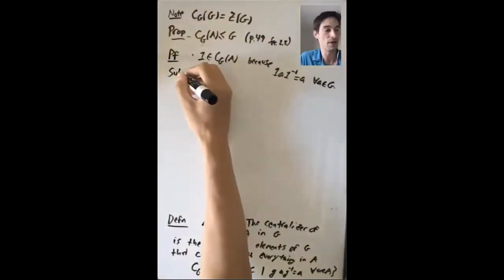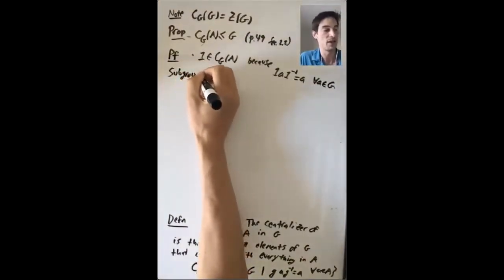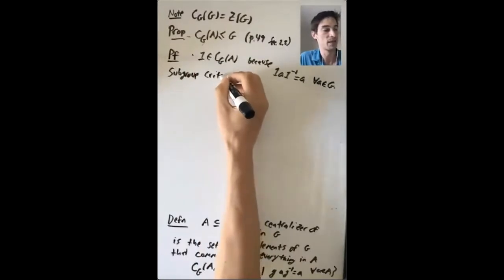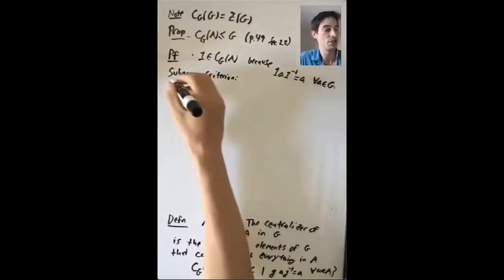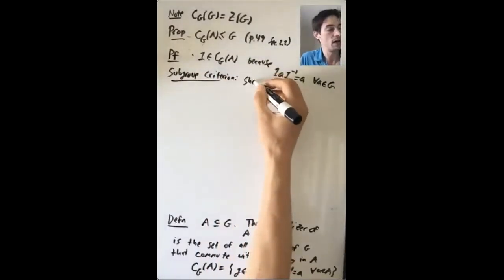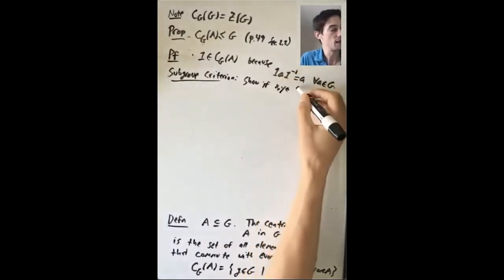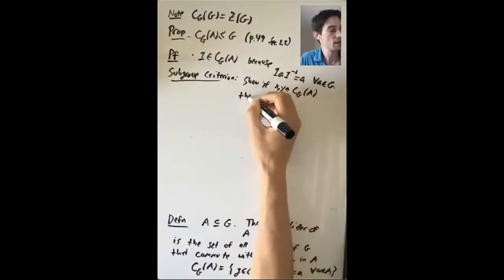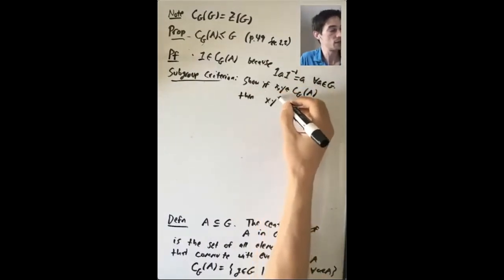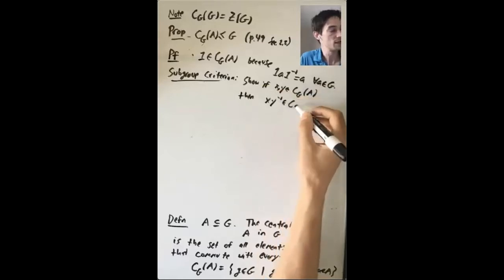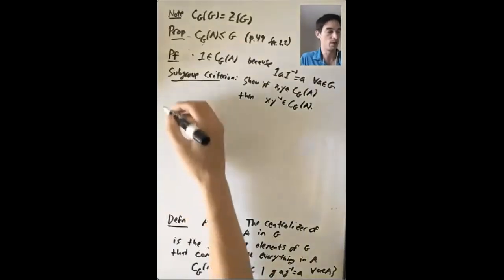All right, so now how are we going to do the rest of this proof? With the subgroup criterion. So what do we need to show? We're going to show that if X and Y are in C_G(A), then XY inverse is in C_G(A). Okay, so what do we know?